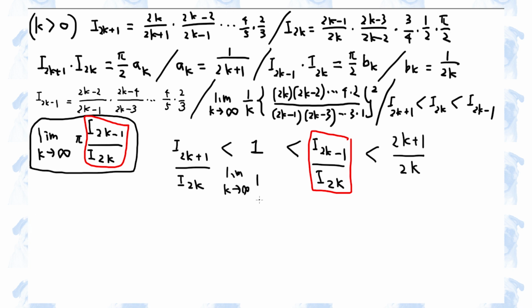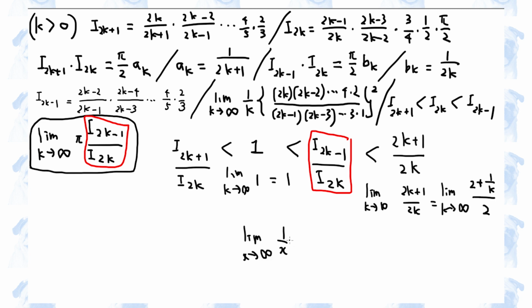The limit of 1 as k approaches infinity is of course 1. Then what is the limit of 2k plus 1 divided by 2k as k approaches infinity? Divide each term by k. Recall that the limit of 1 over x as x approaches infinity is 0. So as k approaches infinity, this term becomes 0.